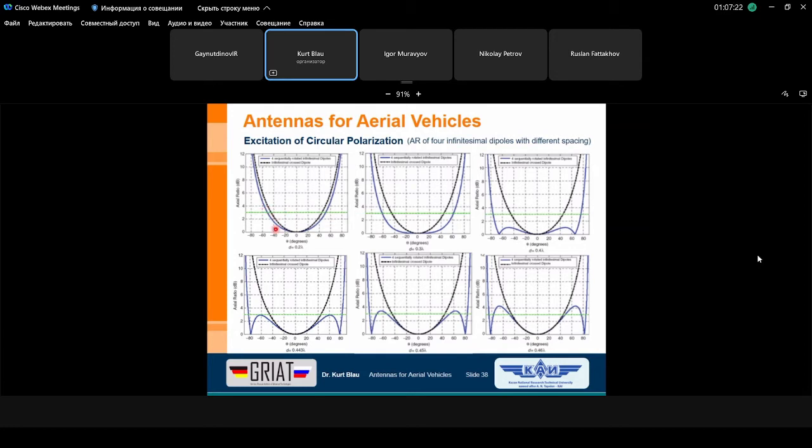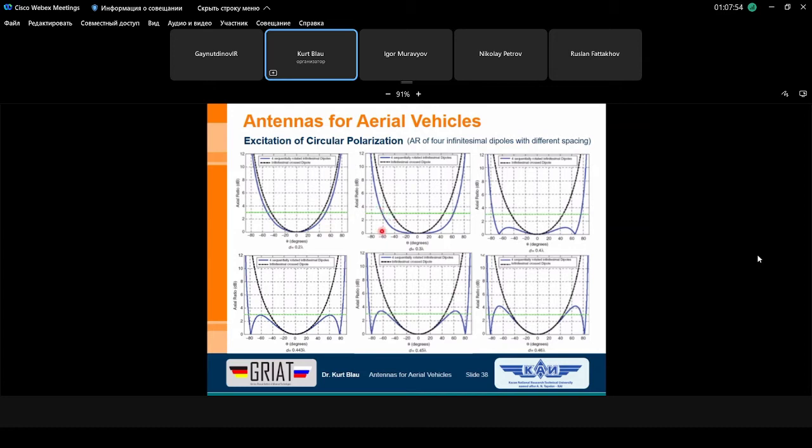So it's very good, but it's a value that maybe can be increased. Then let's look at a second one. Here, the distance between the elemental dipoles is 0.3 wavelengths. This is the blue curve now. The black curve is, let's say, the standard case. And here we can see we can make this angle larger.